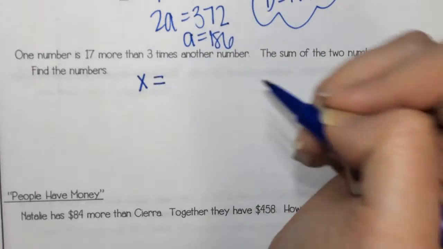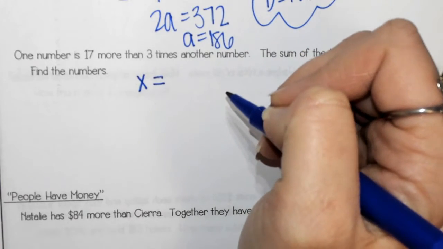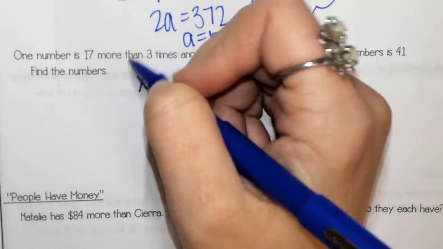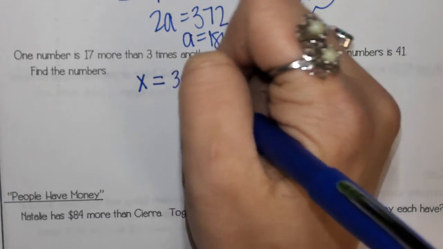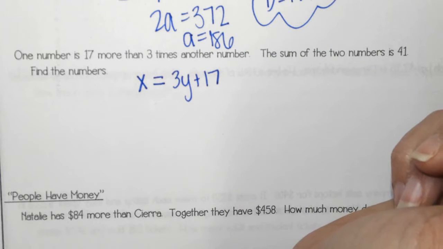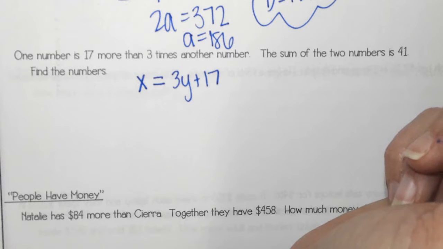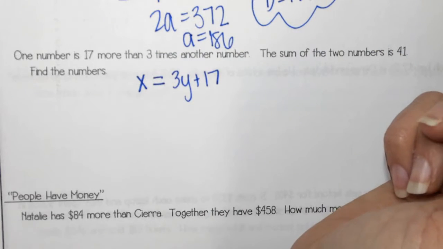No. Is represents an equal sign. Of is multiplication. Alright, 17 more than 3 times another number. So that's 3y plus 17, because more than flips it around. And less than flips it too. Yes, but that's subtraction. It's the than that switches it around.